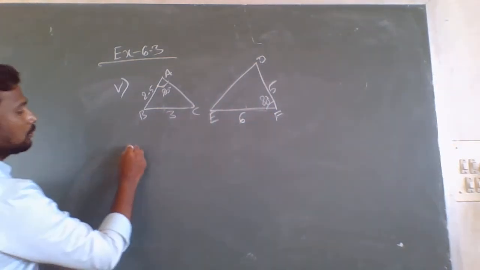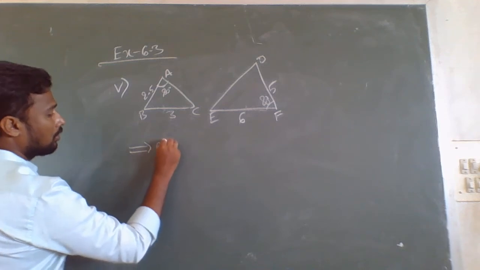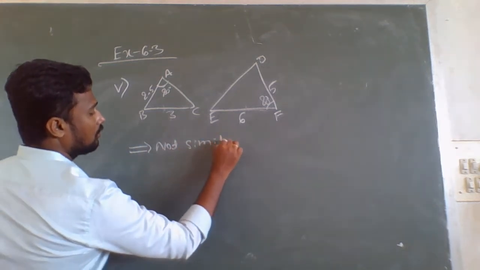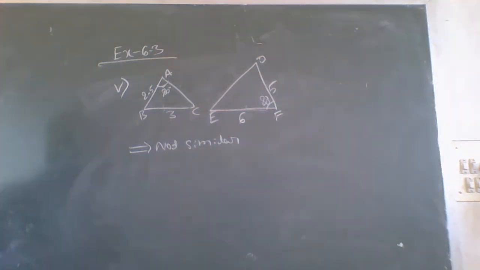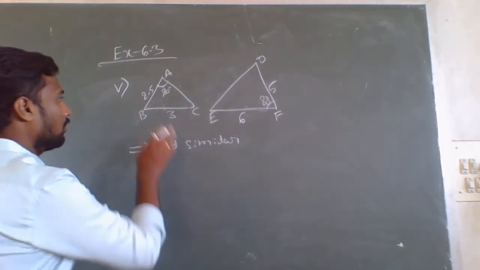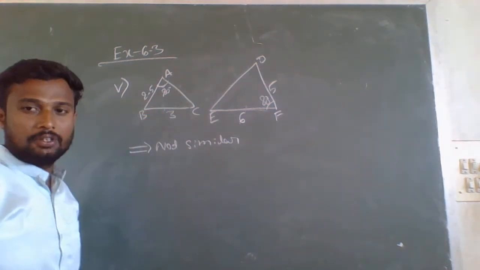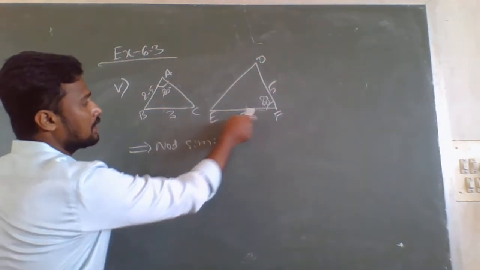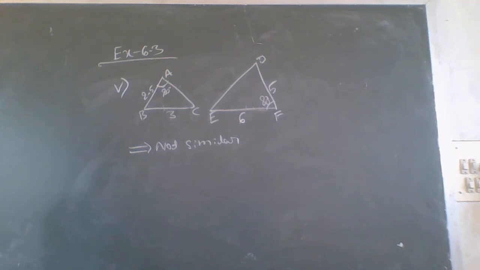Therefore, these two triangles are not similar. They have not given the lengths of the corresponding sides. Therefore, we can say that these two triangles are not similar.